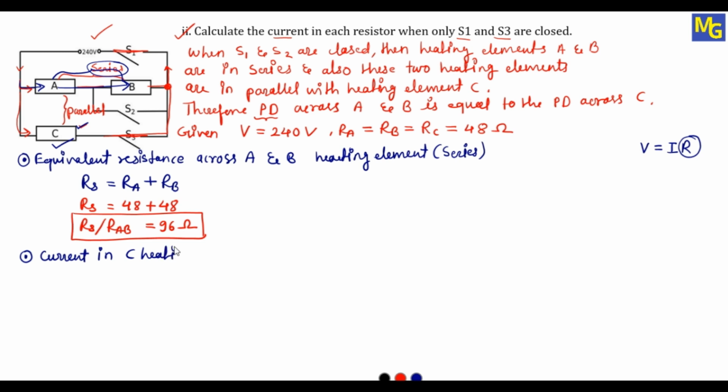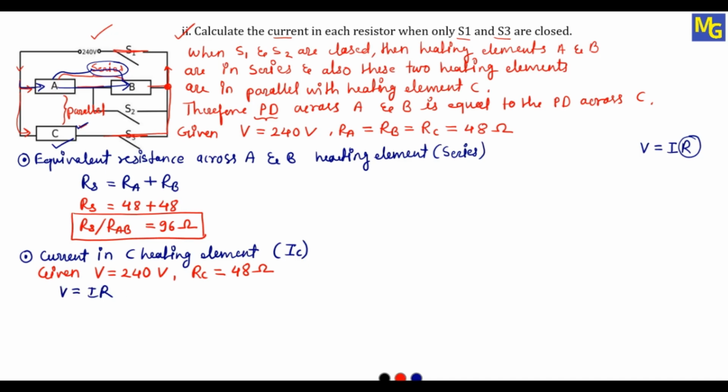So that's why I'll write it here, I and C. So write down what all given again. So given we have V is 240, which is already there in the question, and RC means resistance of C, it is 48. So you can see for all it is 48, so RC it is 48.